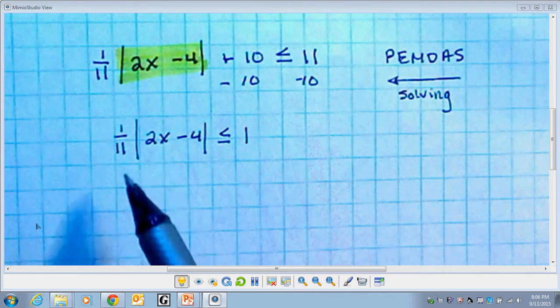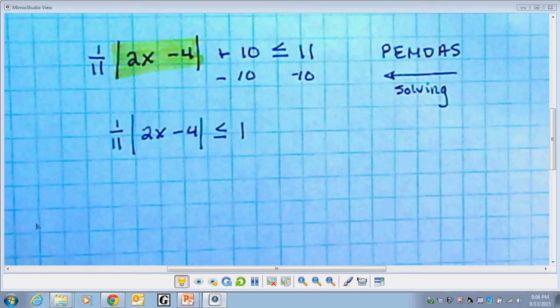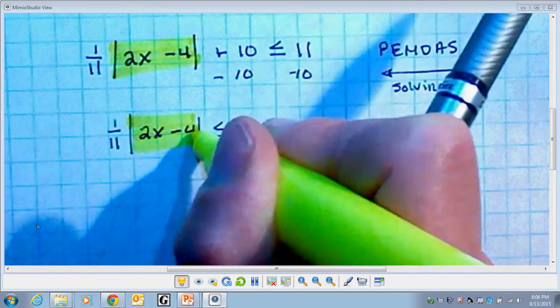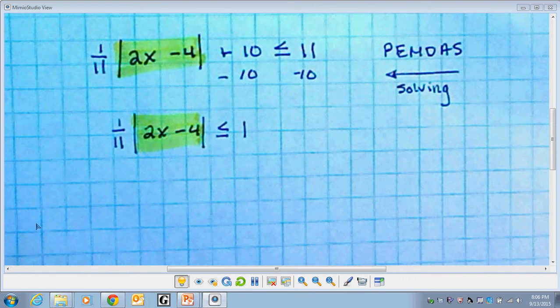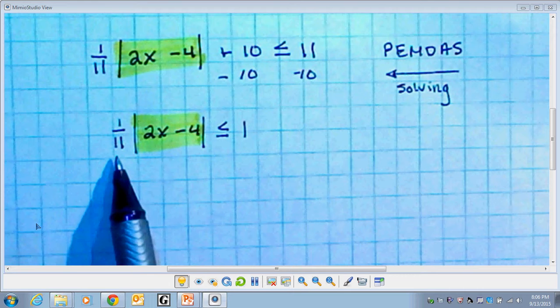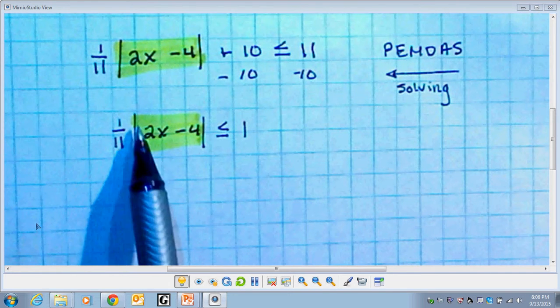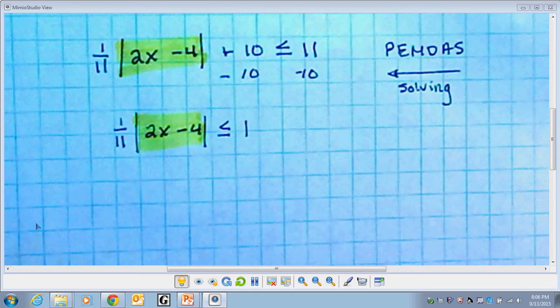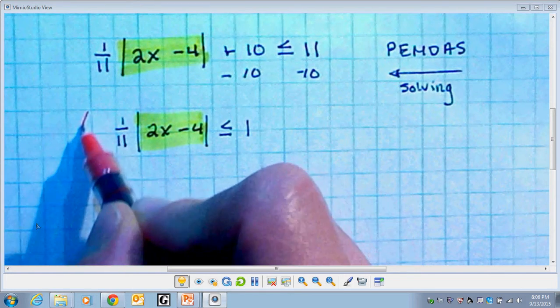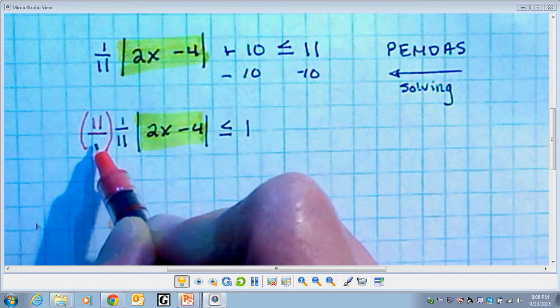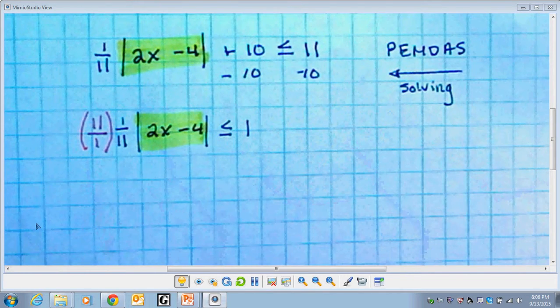So now I'm looking at my absolute value. It's not quite yet all by itself. It has 1/11 being multiplied to it, which means I need to turn that into a 1. In order to do that, I have to multiply by its reciprocal, which is 11, or 11 over 1. It's the same thing.